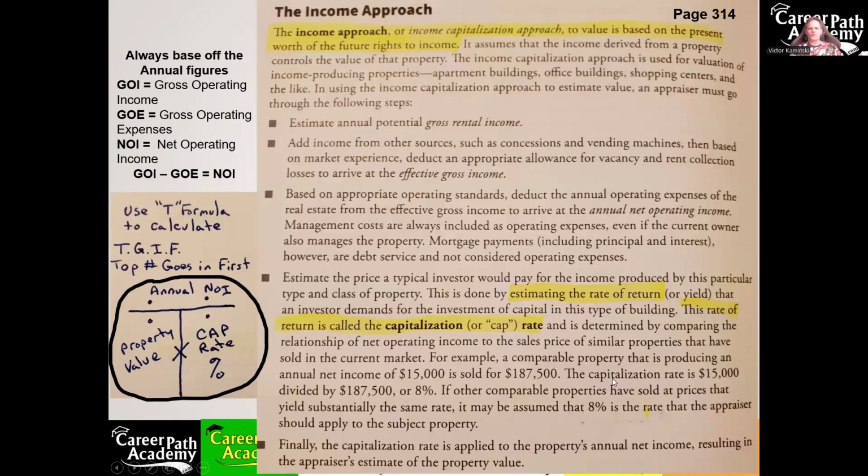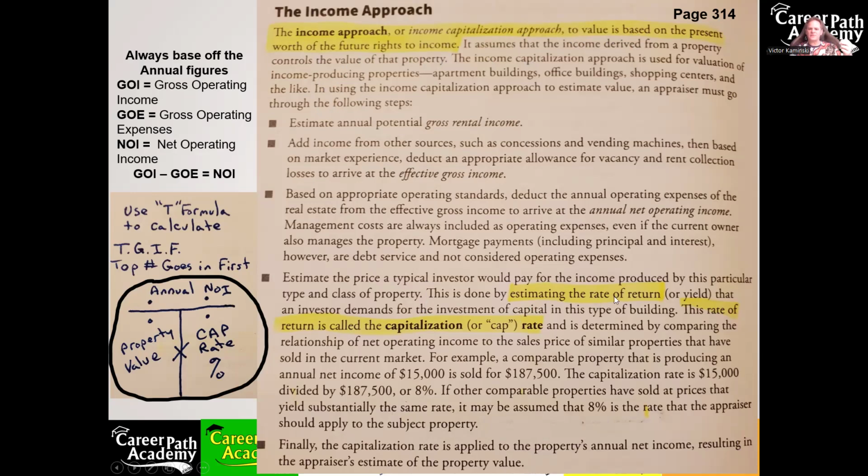Now we're going to go over the income approach to value. To value, you could use two approaches. Well, actually, maybe three, but generally two approaches that we're going to go over. So let's just highlight the income approach to value. The income capitalization approach to value is based on the present worth of future rights to income.